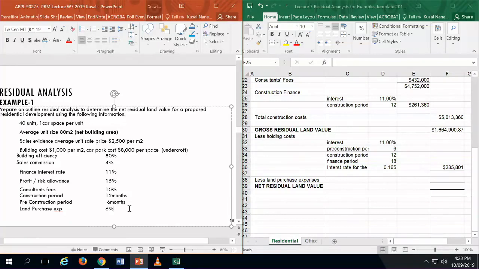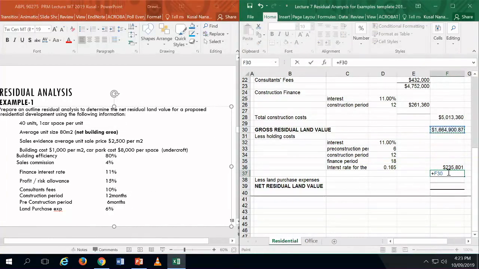Net land value multiplied by 6%. This is 1,429,000, which includes land cost plus purchase expenses.